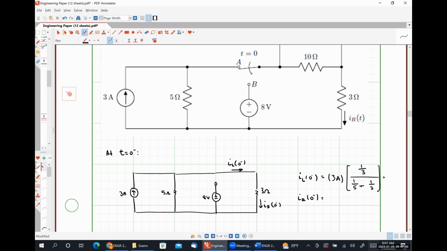Yep, 15 over 8. And IR is the same thing as IL. Both those currents are flowing through the 3 ohm resistor. So this is also going to be 15 over 8. So whoever it was that said that's the correct answer, congratulations, you did it right faster than I did.